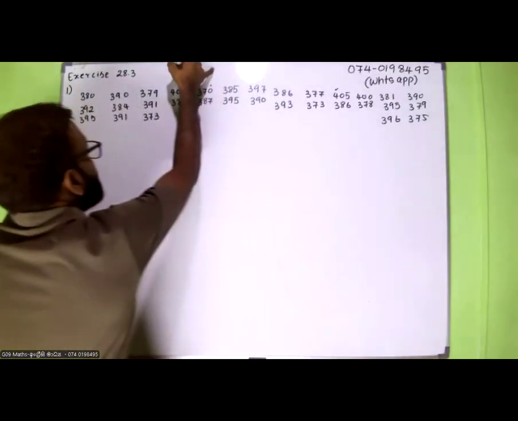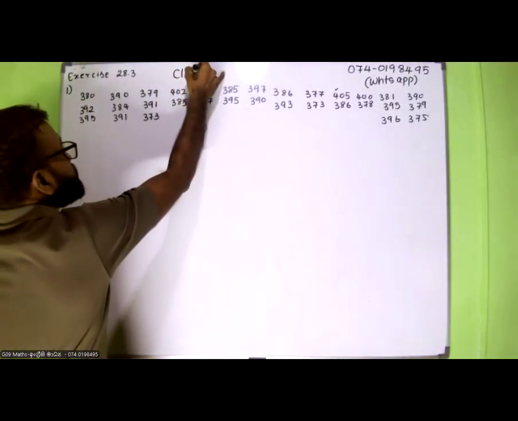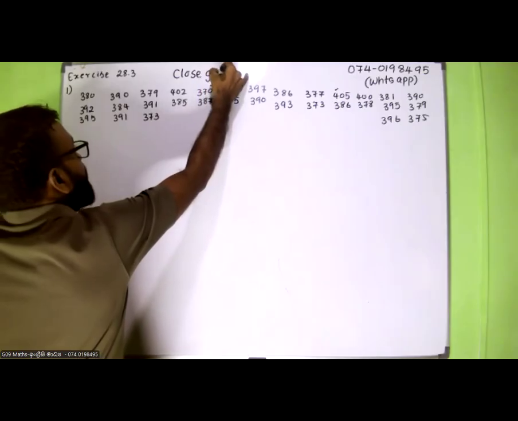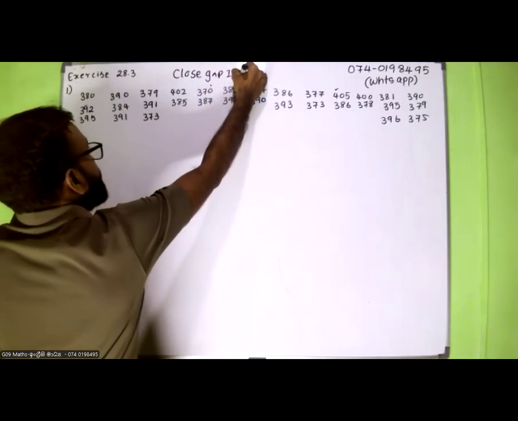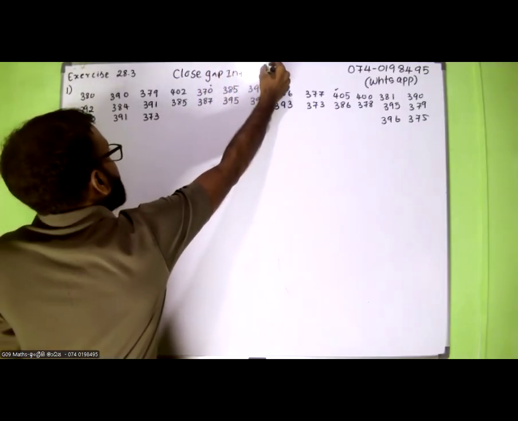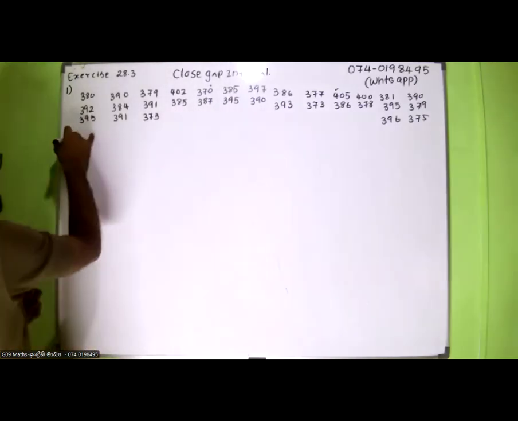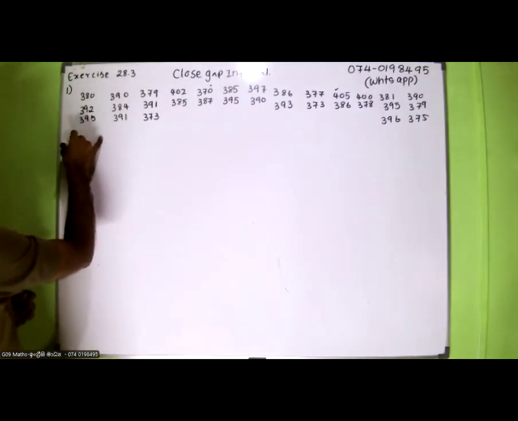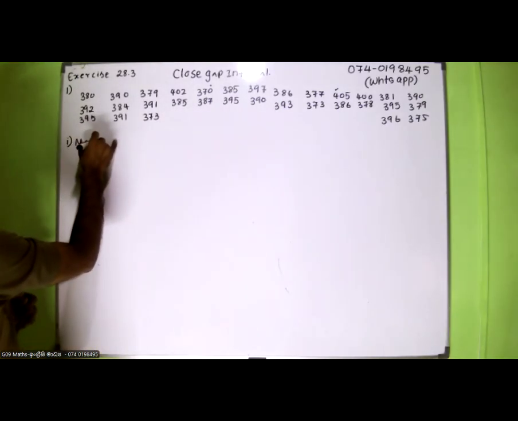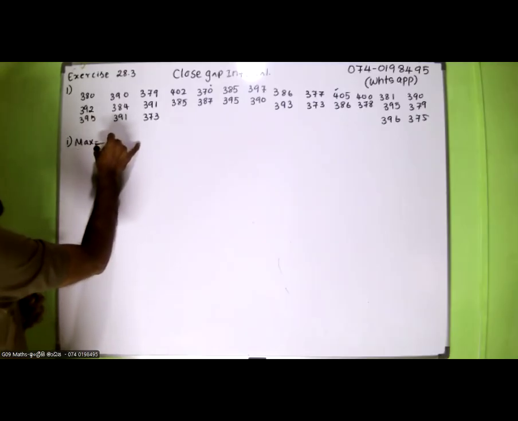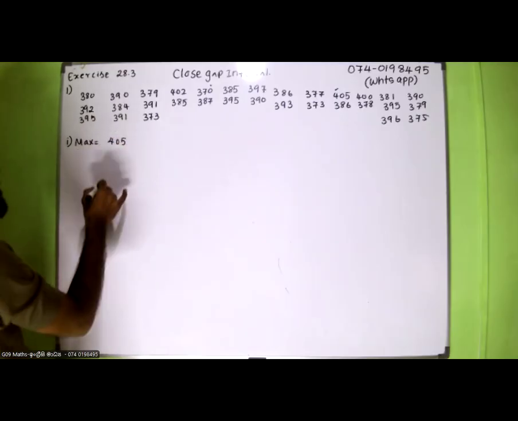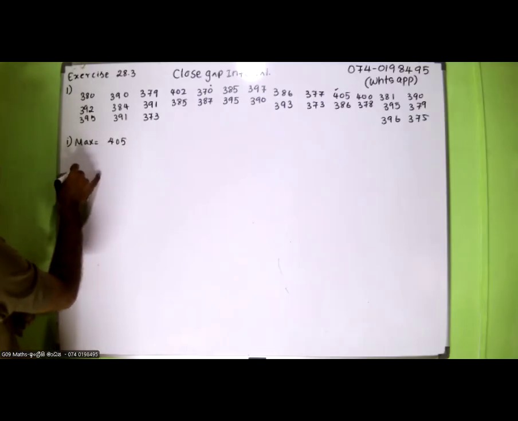We give a closed gap interval. So I am going to do that. First one, they are asking the maximum value. Maximum value is 405. Am I correct?